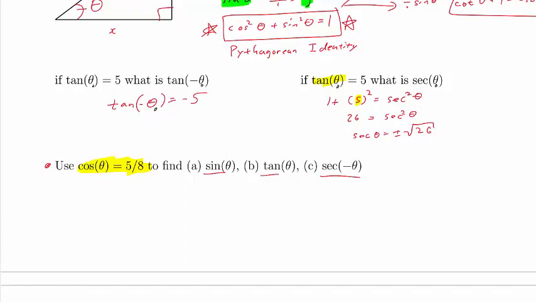So here we simply go cosine squared theta plus sine squared theta equals 1. We're going to plug our value in right there. So we have 5/8 squared plus sine squared right here.